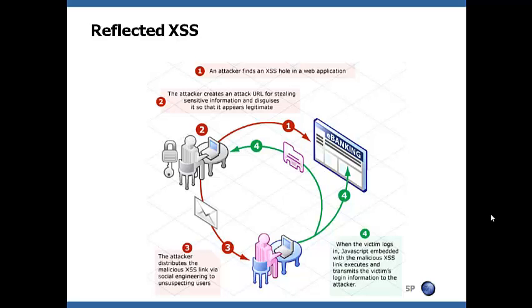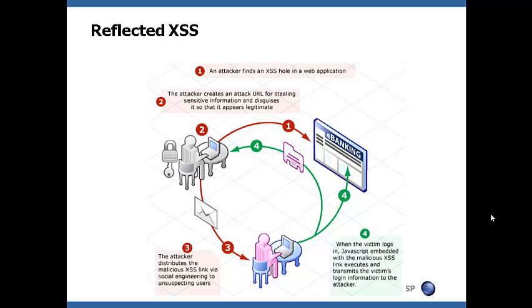And if your web application is vulnerable to this type of attack, it will pass unvalidated input sent through the request back to the client. For example, here you can see on my screen, if an attacker finds a cross-site scripting loophole in your web application, he will craft a URL to steal some sensitive information and disguise it so that it appears legitimate.